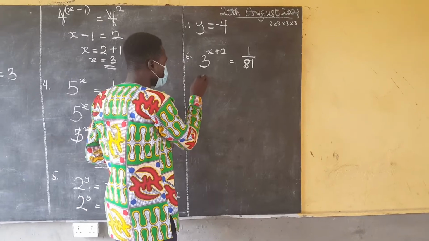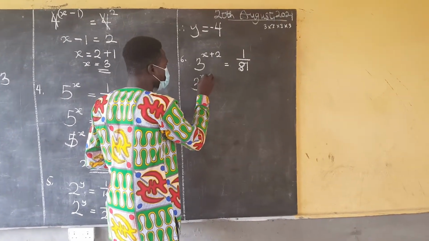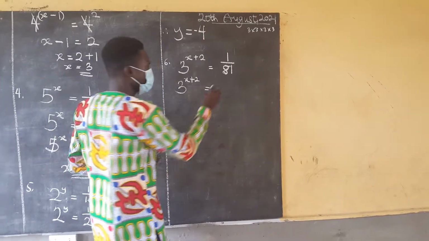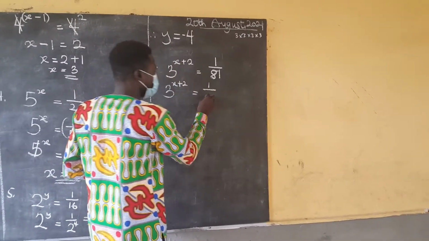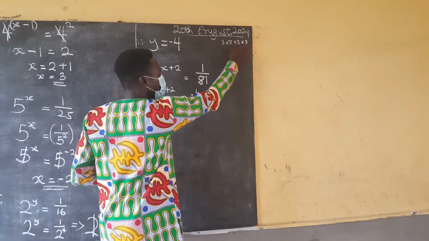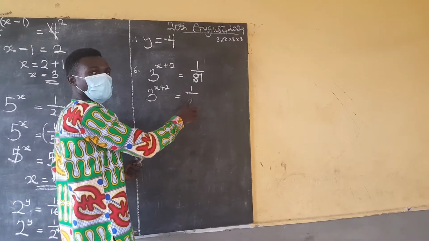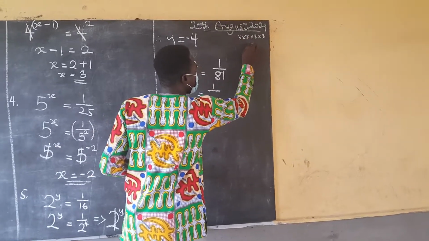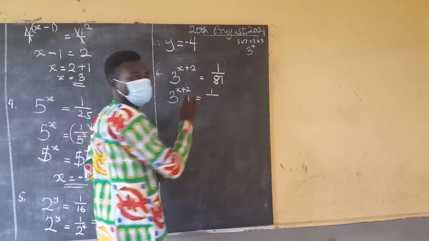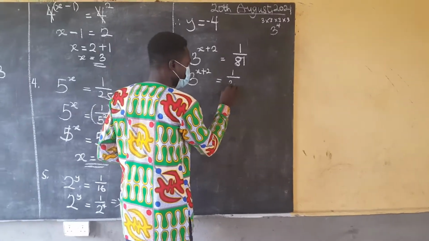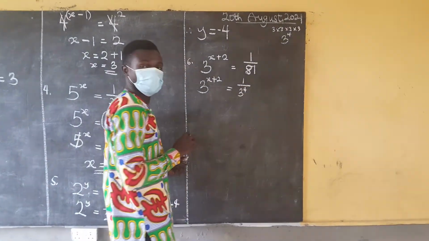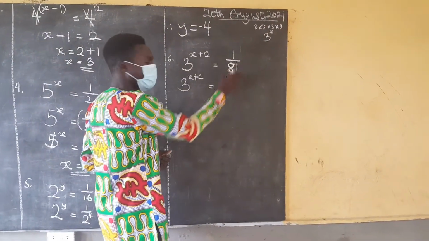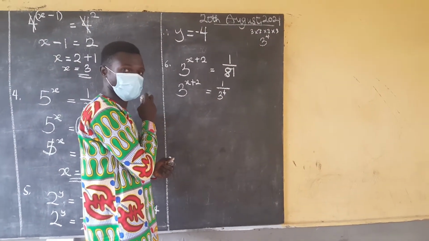So I can say 3 raised to the power x plus 2 is equal to 1 over 3 times 3 times 3 times 3, which is 81. In terms of powers, all these are the same as 3 raised to the power 4. So I'll write it here, 3 raised to the power 4, representing the 81.